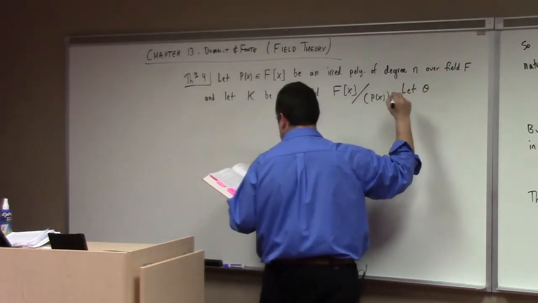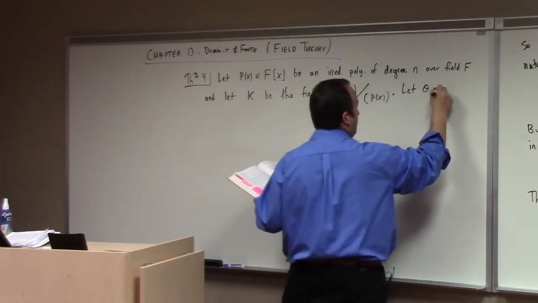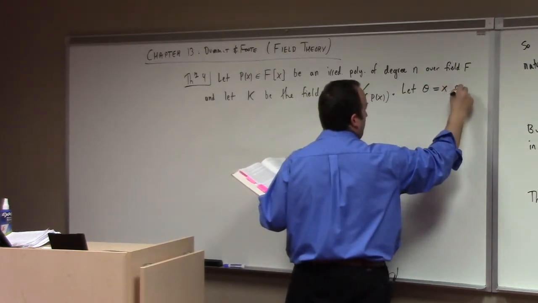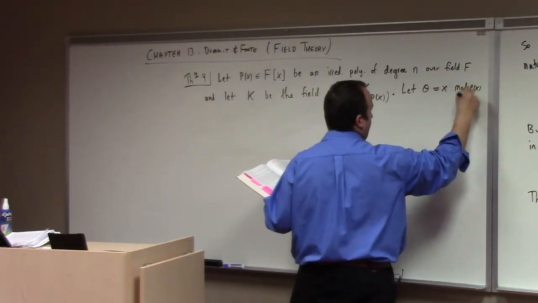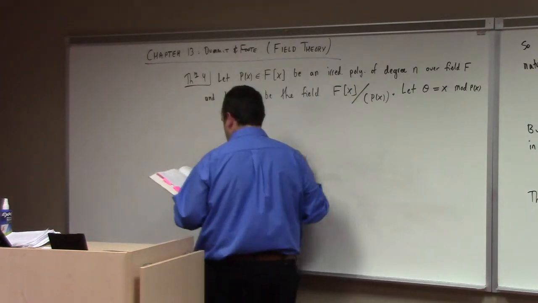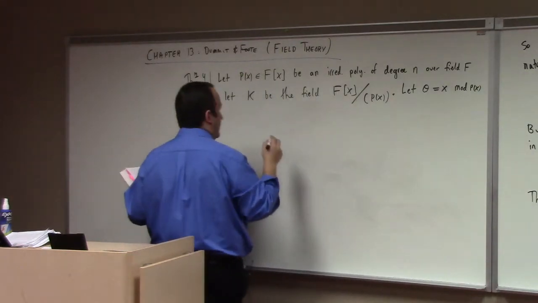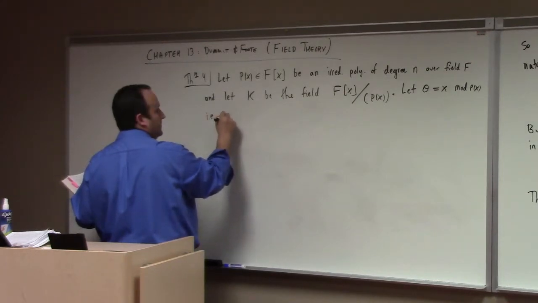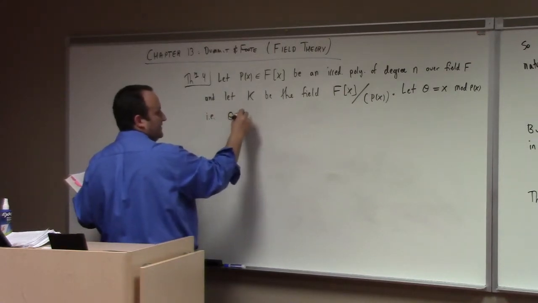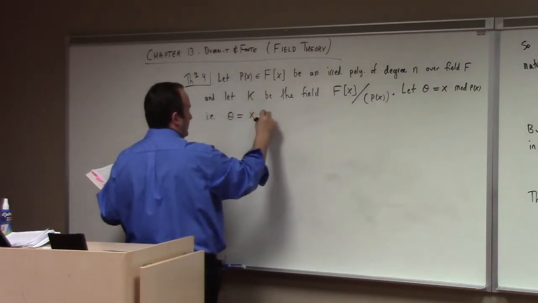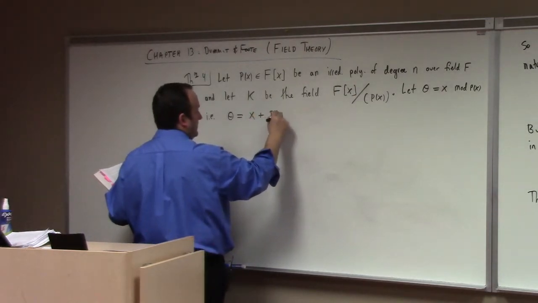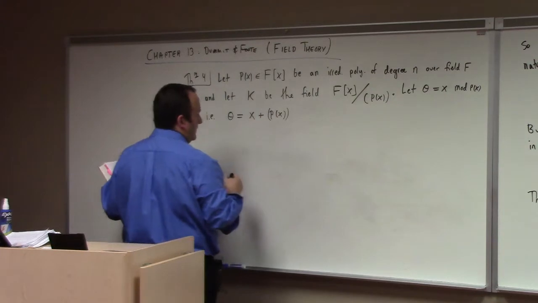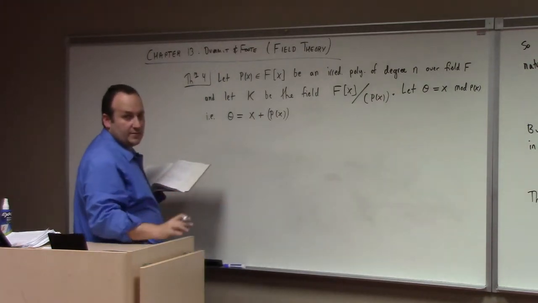Let theta equal x mod P(x). In other words, theta, in my usual notation, I would say theta equals x plus the ideal generated by P(x).